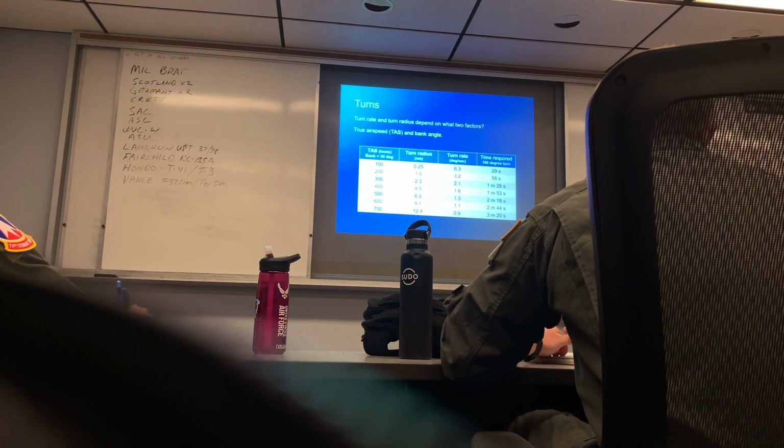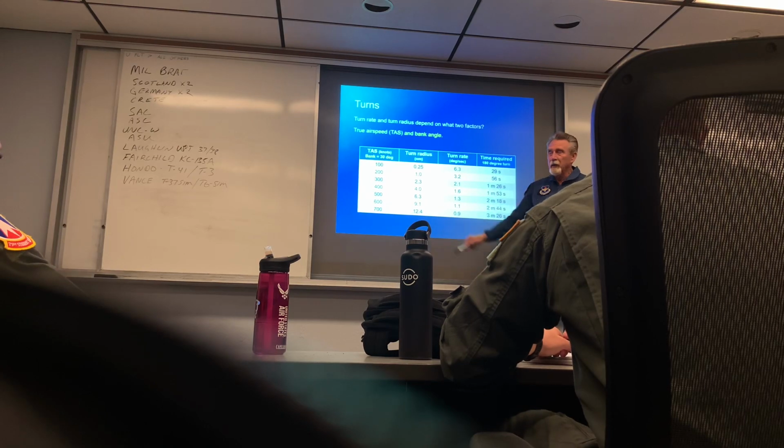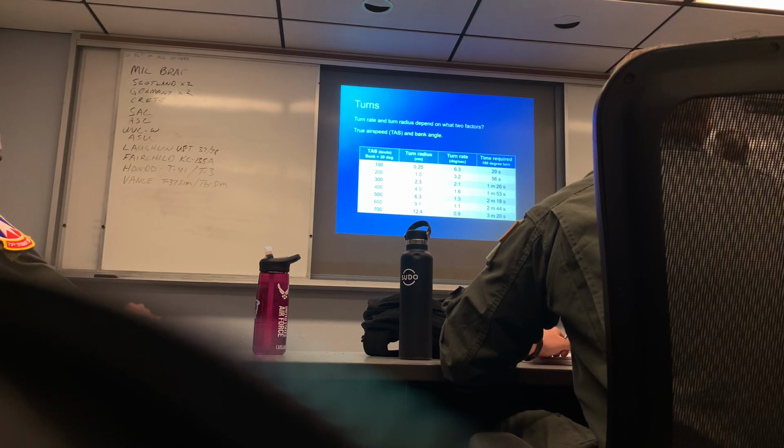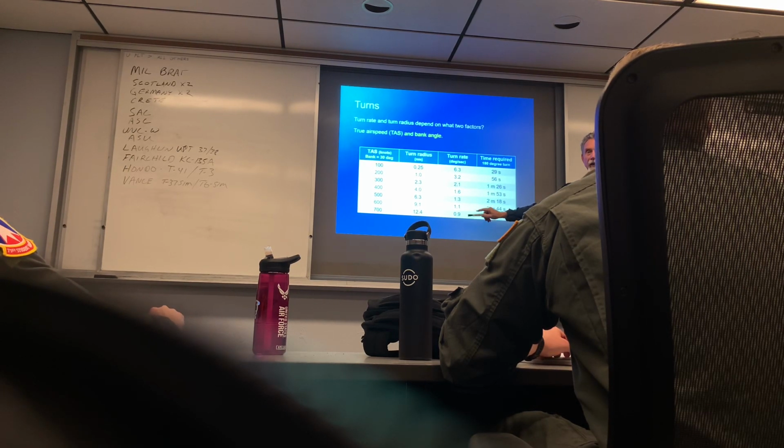So the turn radius with velocity goes up dramatically, okay? The rate of turn, you don't see as much rapid turn because this is just a V, not a V squared.